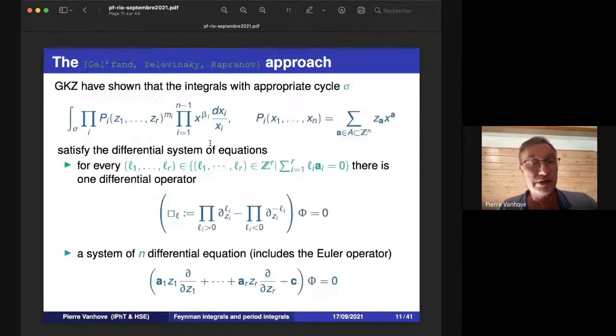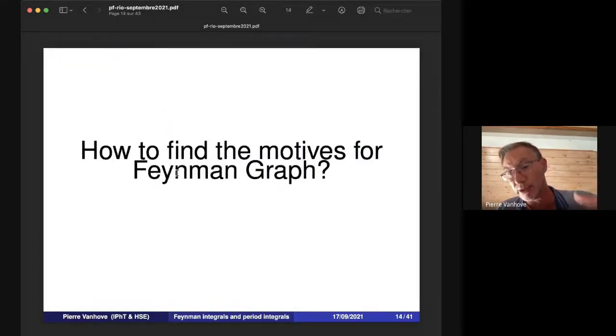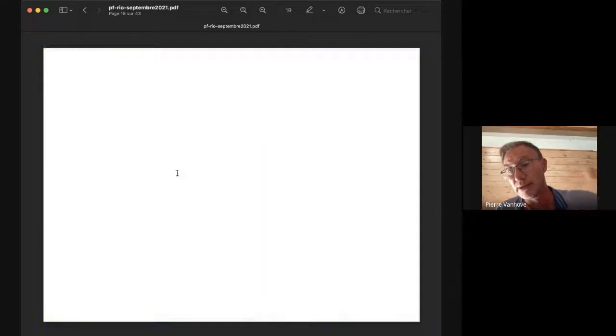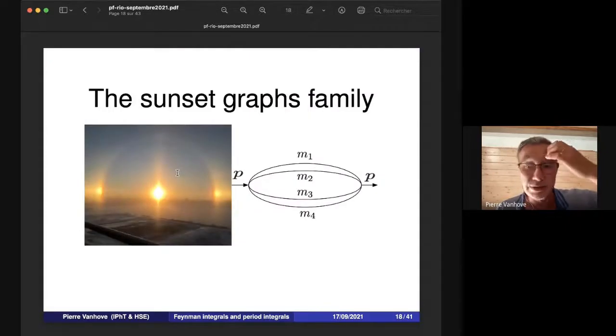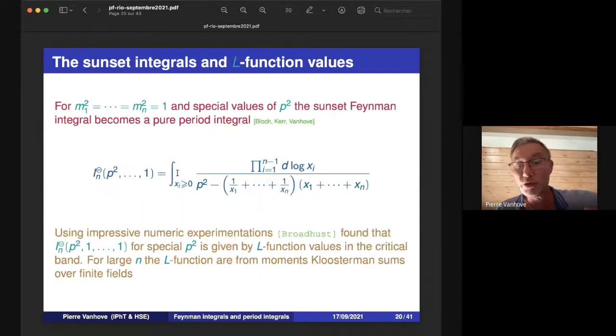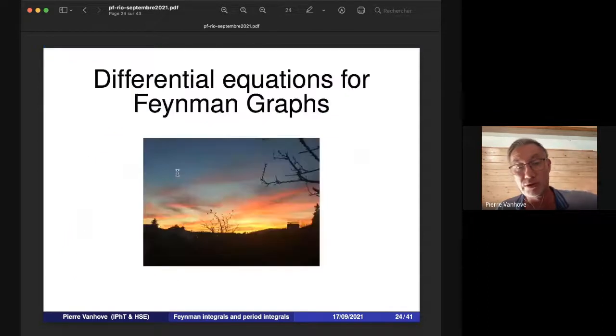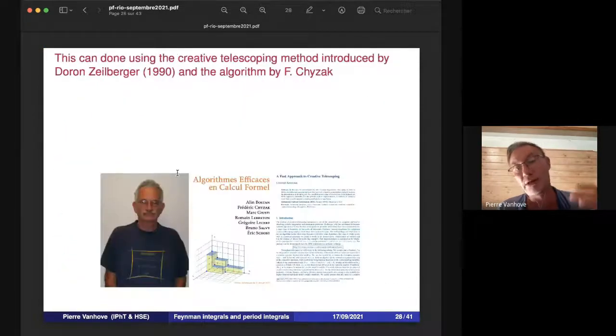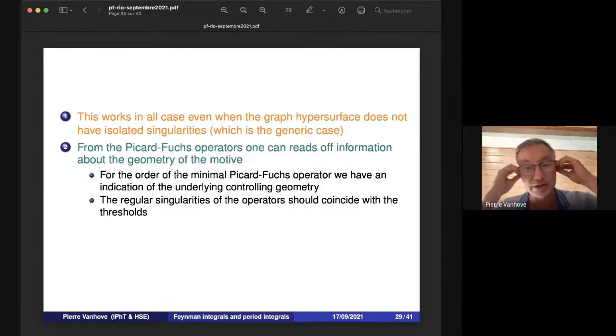Morally speaking, since this is very close to GKZ, there already exists a set of differential operators that annihilate your integral. GKZ is not going to give you the minimal one, but at least you already know that there is some minimal set of differential operators that is going to annihilate your integral.